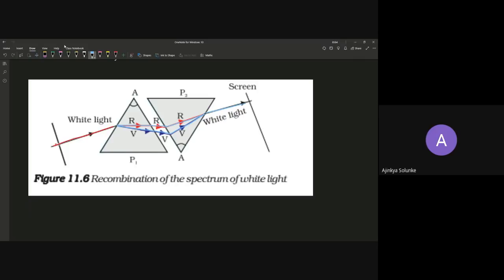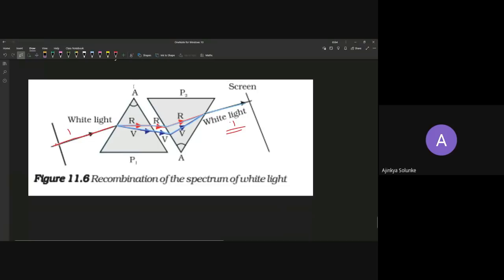So by looking at this experiment, can you please tell me how many colors Newton received with 2 prisms? He gave one light. Has he received 7, or he just received 1 again? Again 1, right? Now the question is why?